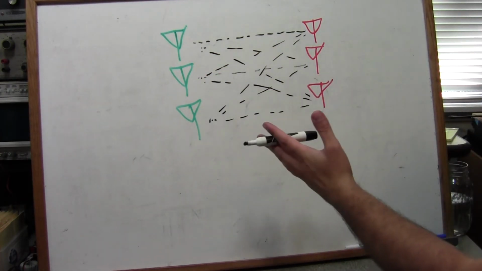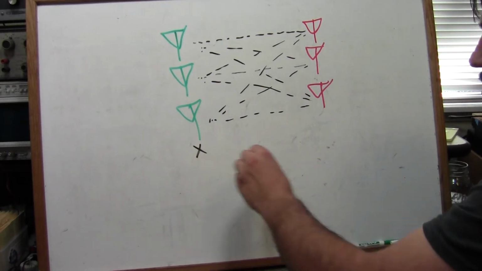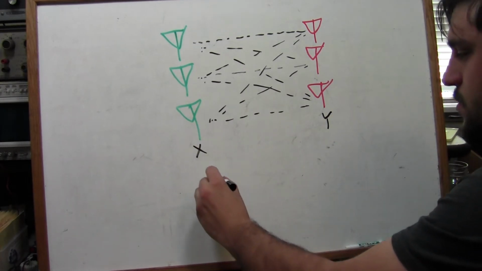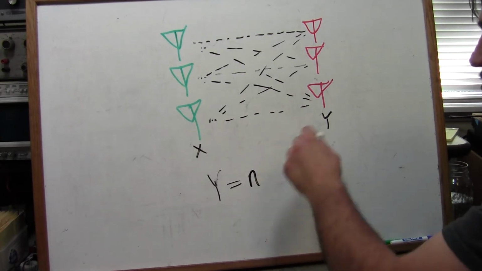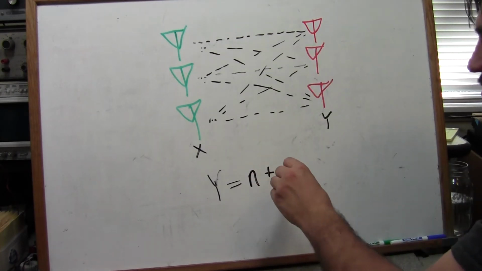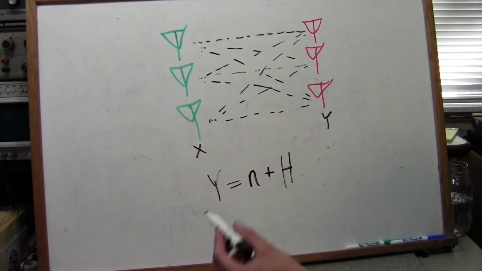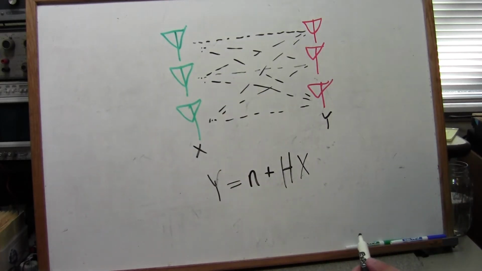And you can then calculate the transfer function between the input x and the output y. The received signals on y are going to equal some noise of the environment around you plus this transfer matrix called the impulse response of the channel times the vector of your input of your transmitted symbols over here.